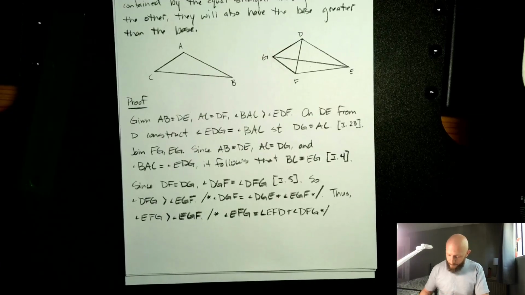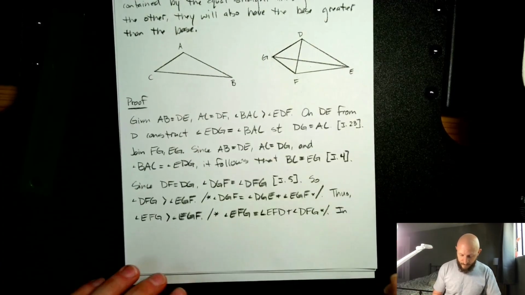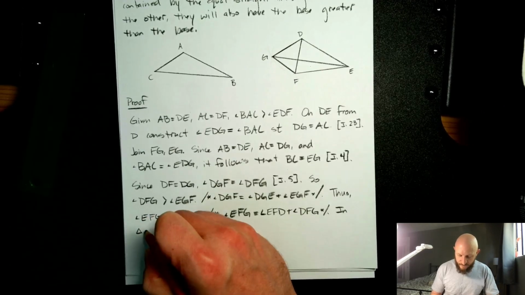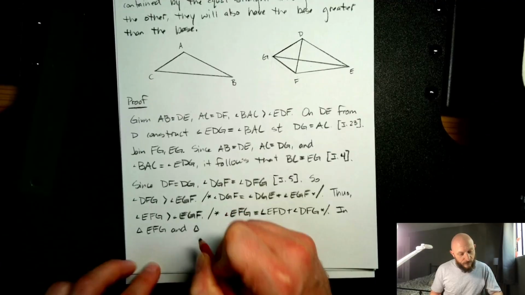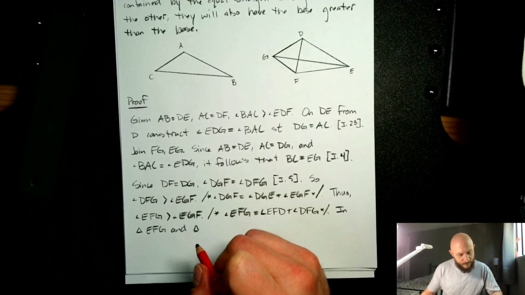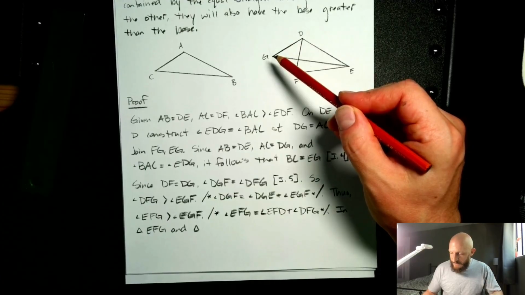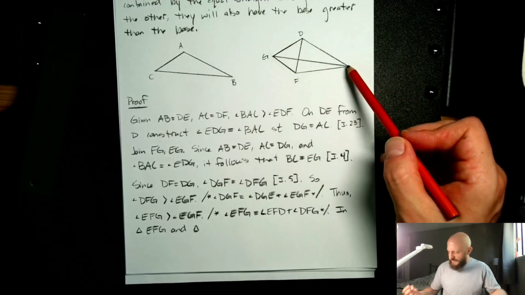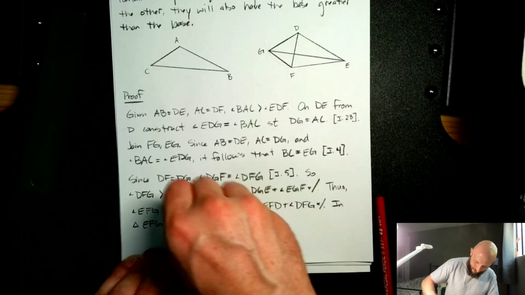So maybe I'll say in triangle EFG, the angle EFG is greater than the angle EGF. It's just in the same triangle. I wonder, can I erase this? Not very well, maybe well enough. That's okay.